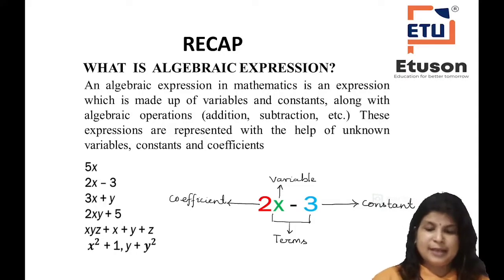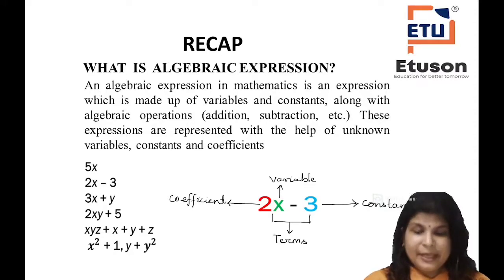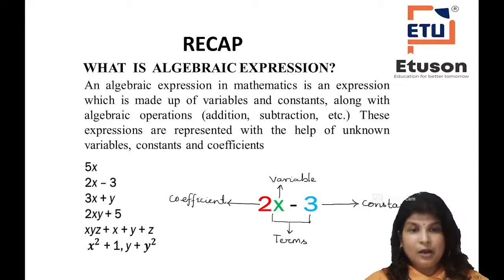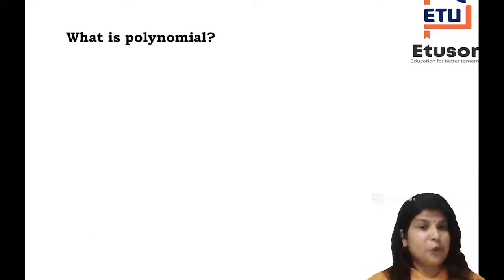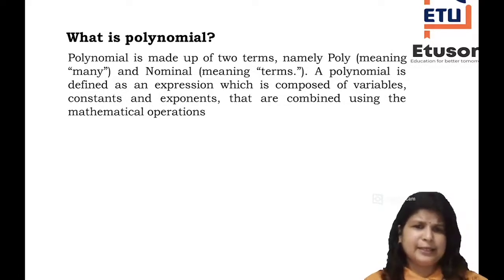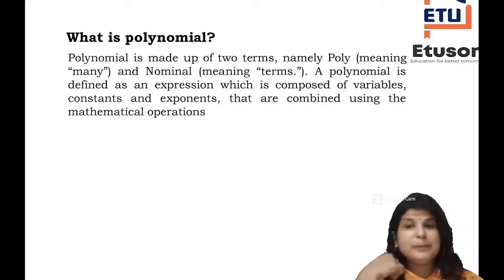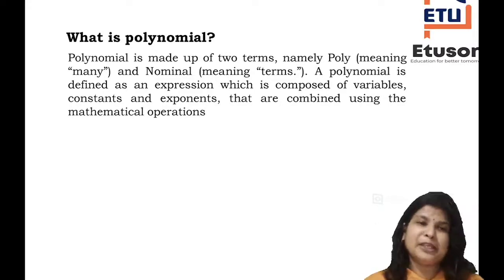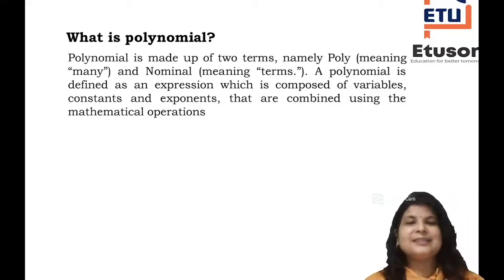Now let us understand what is the basic difference between an algebraic expression and a polynomial. So what is a polynomial then? Polynomial is basically made of two terms. One is poly. Poly means what, you know? It is many. And what is the meaning of nomial? It is term.